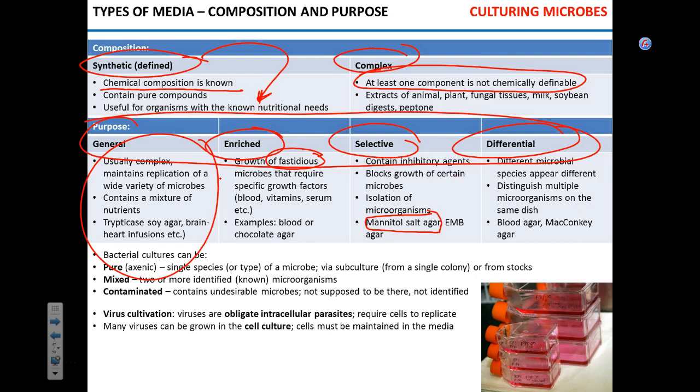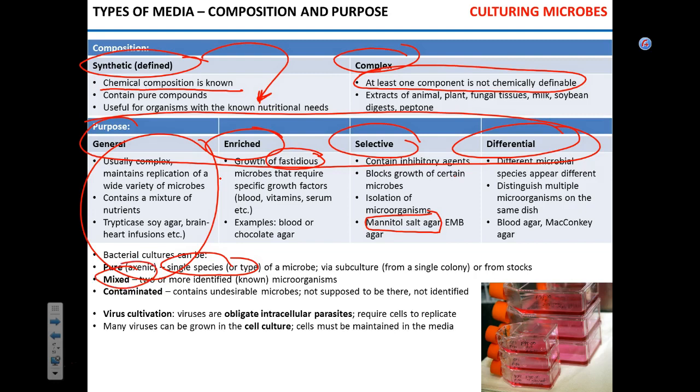Now, in the last few minutes, a few words about different types of cultures. Pure is a culture that consists of only one species. Makes sense, right? So what you had today, your Serratia culture, that was a pure culture.